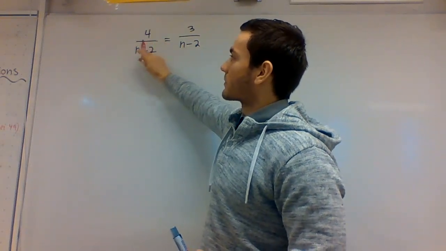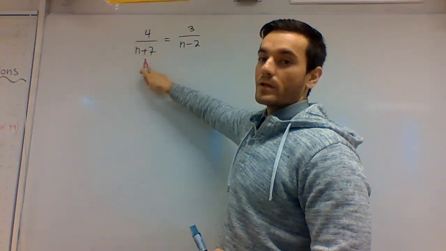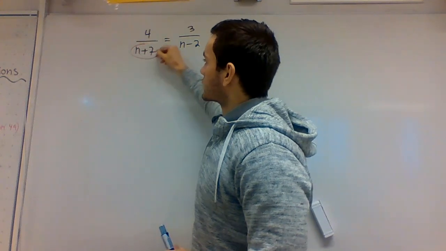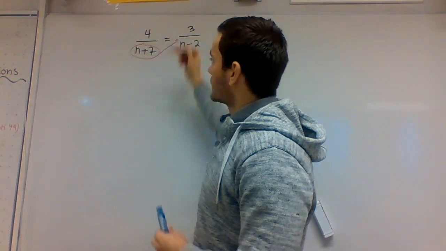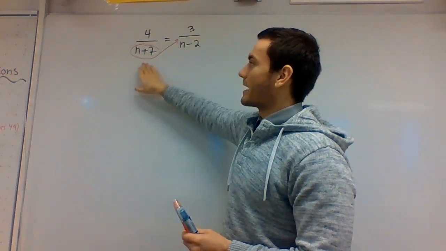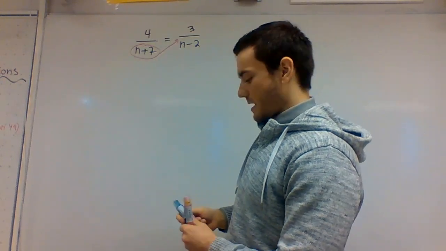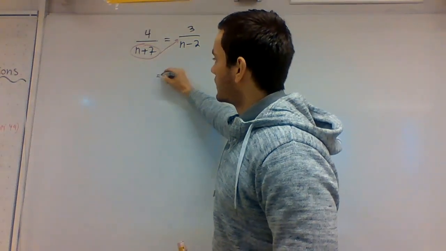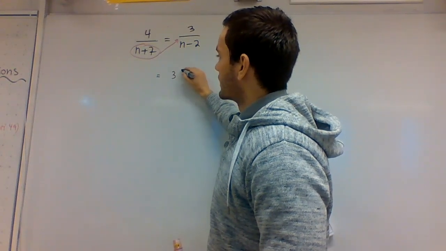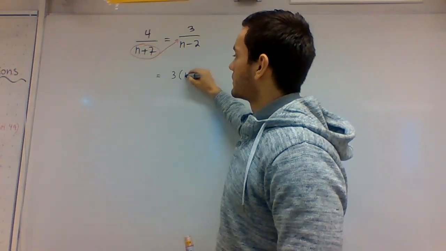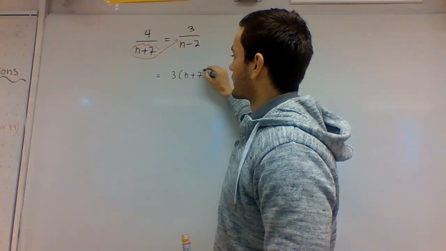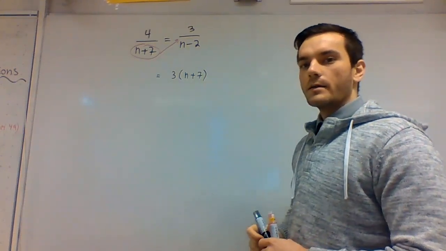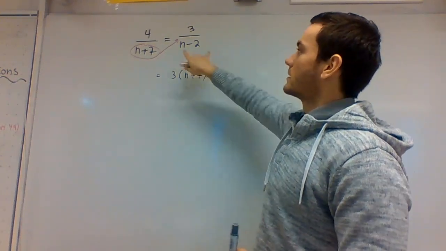Right now we're dividing by n plus 7. So the opposite of dividing by n plus 7 is multiplying by n plus 7. So over on this side, I would now have 3 being multiplied by n plus 7. Now, at the same time, let's get rid of this.